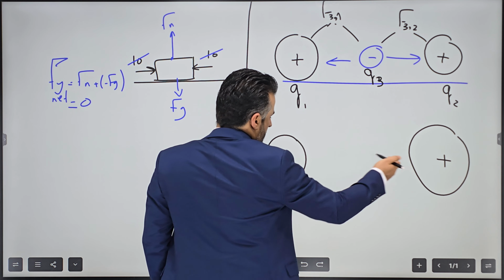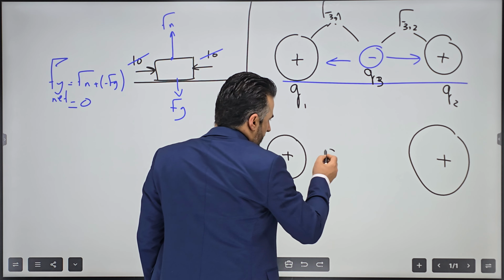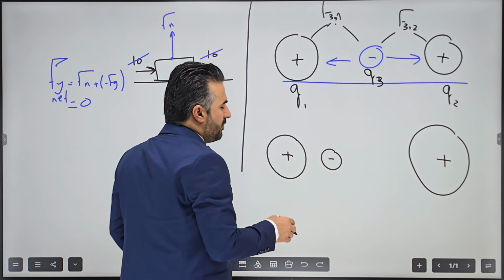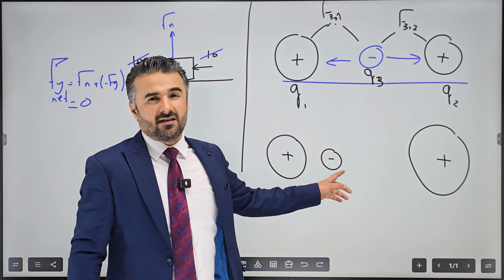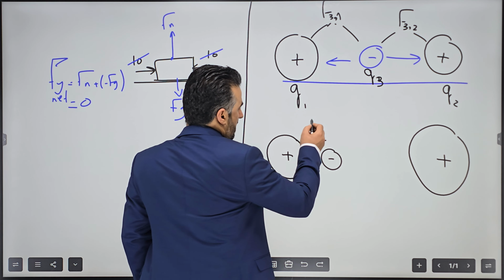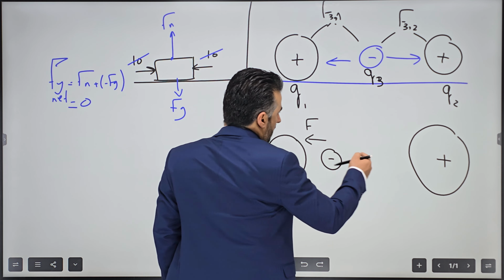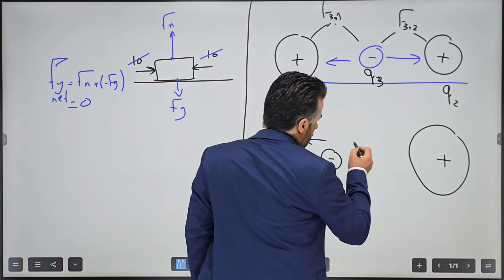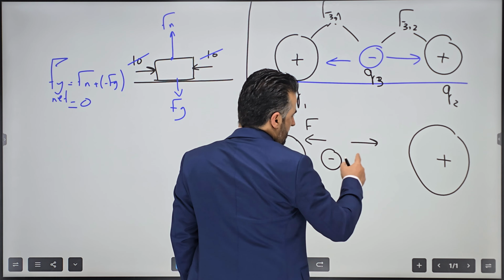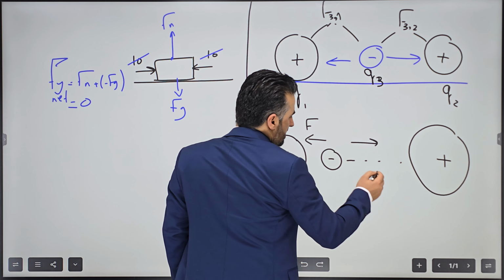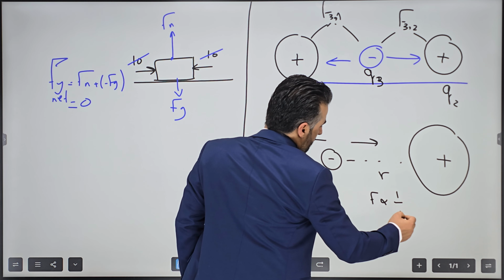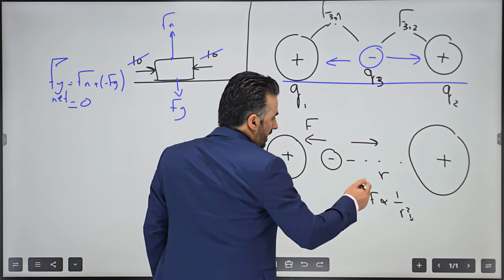So in order for the two forces to be equal, the charge that is in the middle will always have to be closer to the smaller charge. Why? Because for this force to be small, the distance has to be very large. So for the force between these two to be small, the distance between the two has to be large. The force is inversely proportional to the square of the distance between the two.